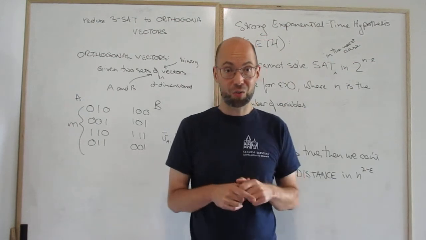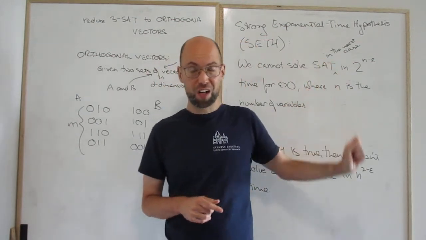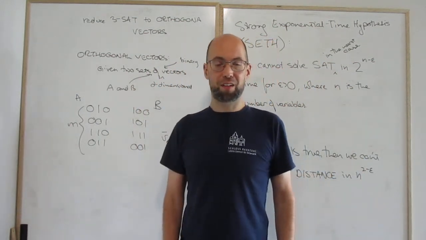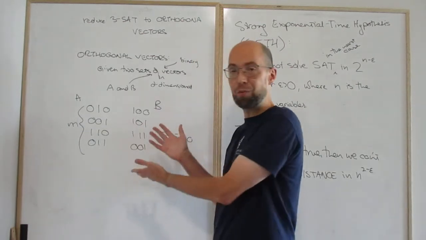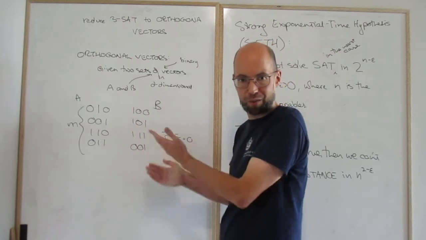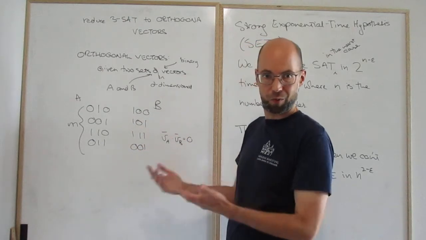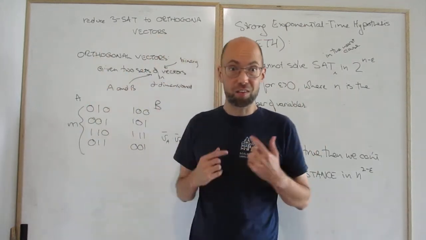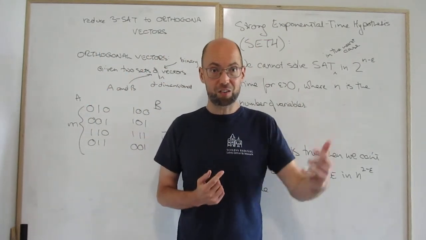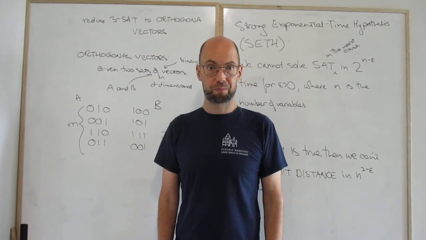We're going to show that if SETH is true, you can't do better than quadratic time for orthogonal vectors. It's easy. Somebody just came up with the algorithm for solving orthogonal vectors in roughly quadratic time. We're going to see that if SAT is as hard as we think it is, then that's about the best you can do. That's kind of cool.